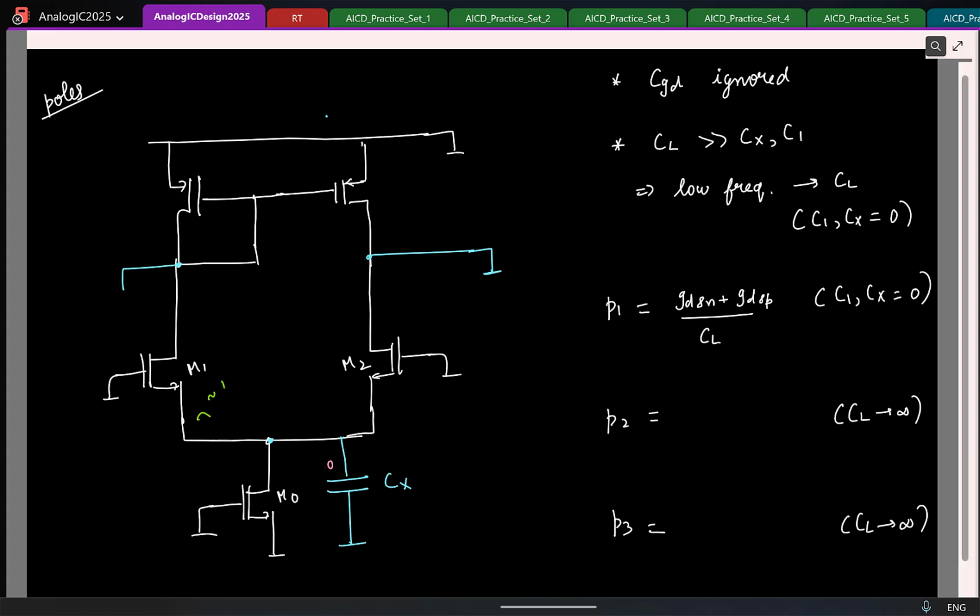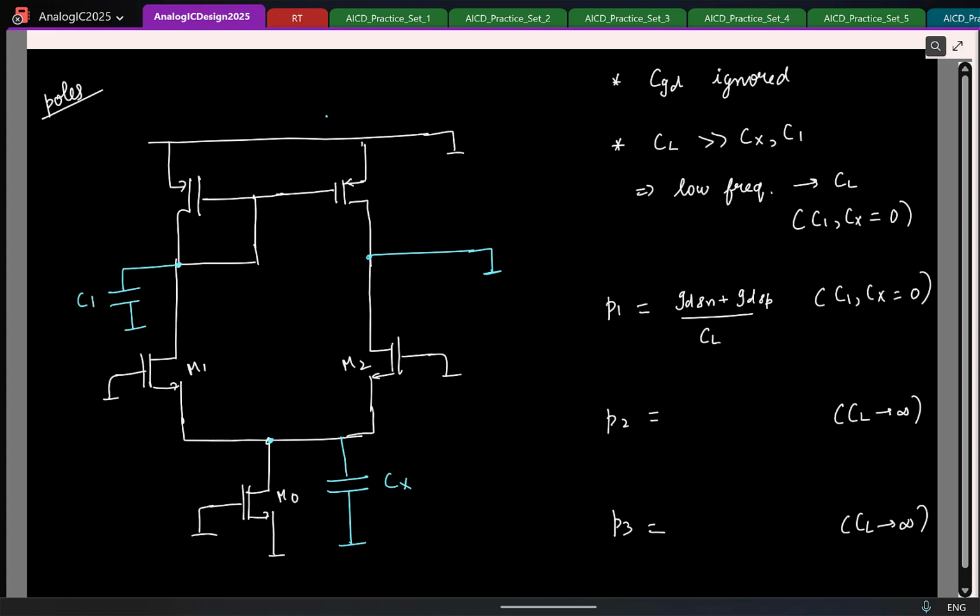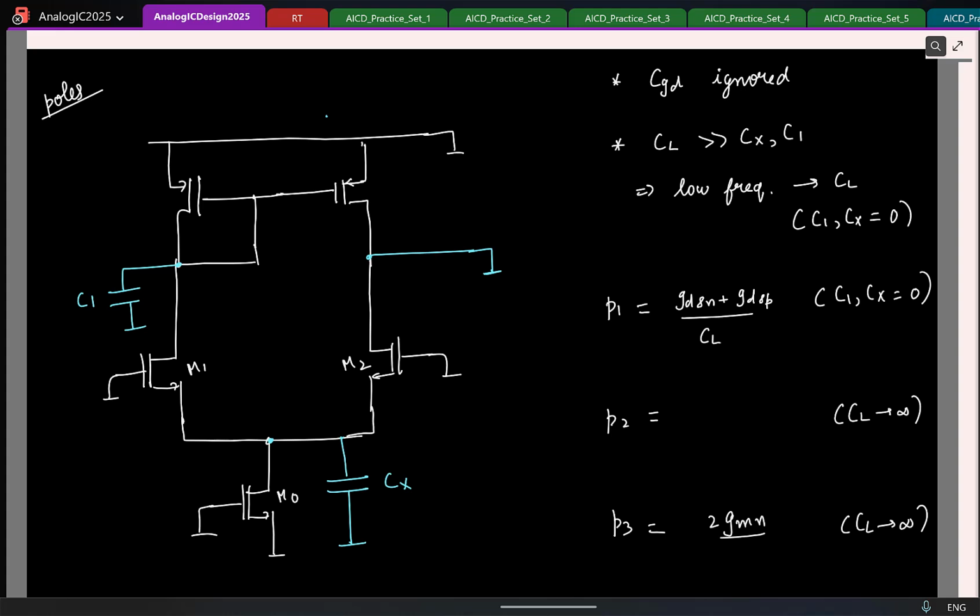Let me erase all this. So one of the poles we saw was 2 gmn by Cx. So this is going to be gmp by C1. Again, just to remark, C1 and Cx are uncoupled.